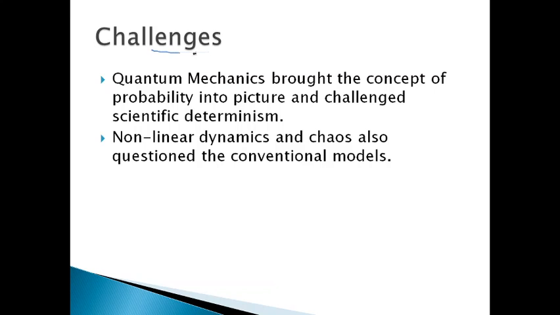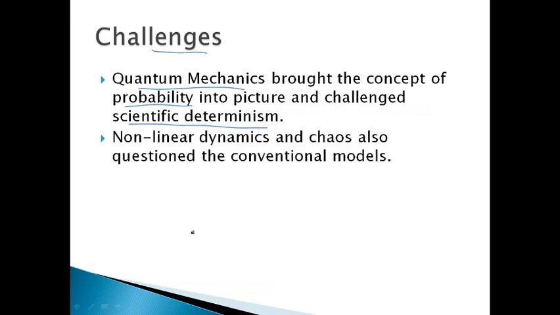Now in the later centuries, when science further evolved, this theory of scientific determinism faced a lot of challenges. Now it is not considered that everything is predictable and determined. For example, in the field of quantum mechanics, we have a lot of concepts relating to probability, and nothing is accurately predicted. So this challenged scientific determinism.